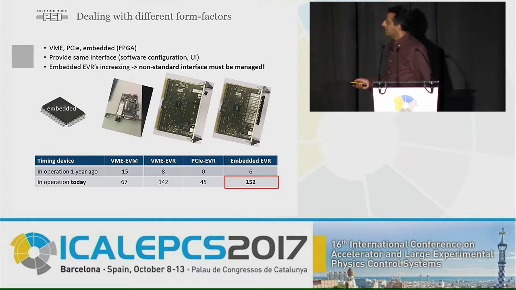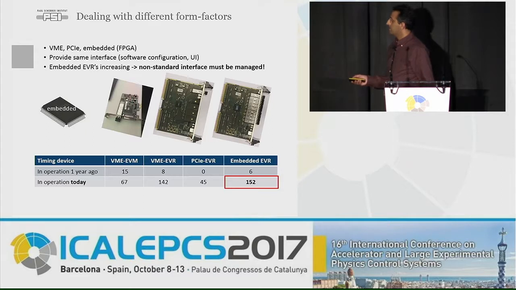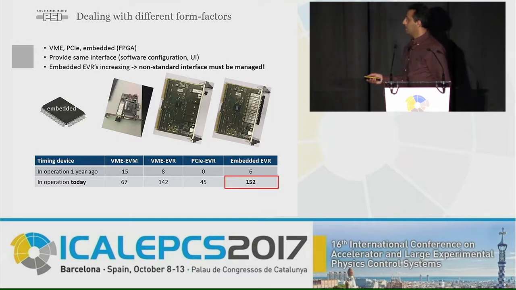You can compare the numbers to last year, but as of now we have about 70 event masters in the timing network, more than 140 VME EVRs, more than 40 PCI Express EVRs, and more than 150 embedded EVRs.